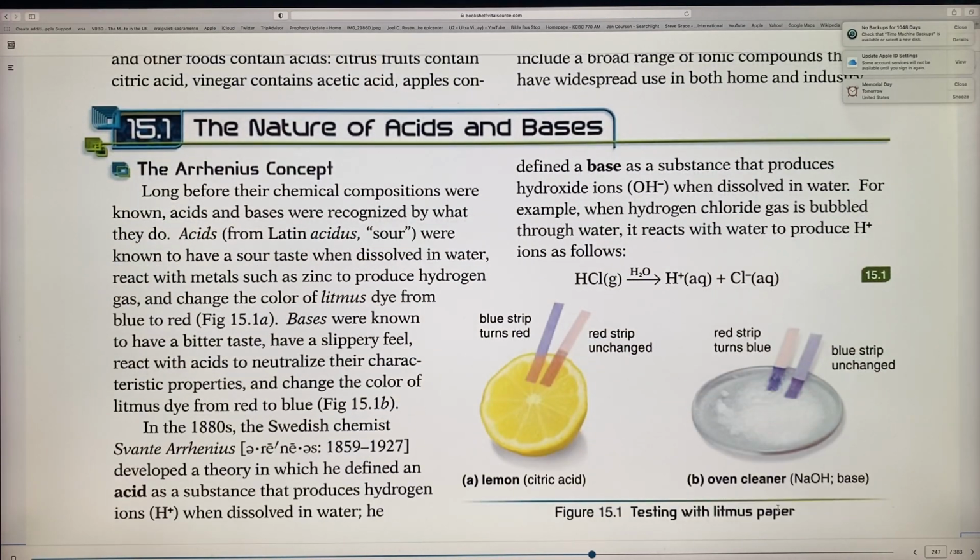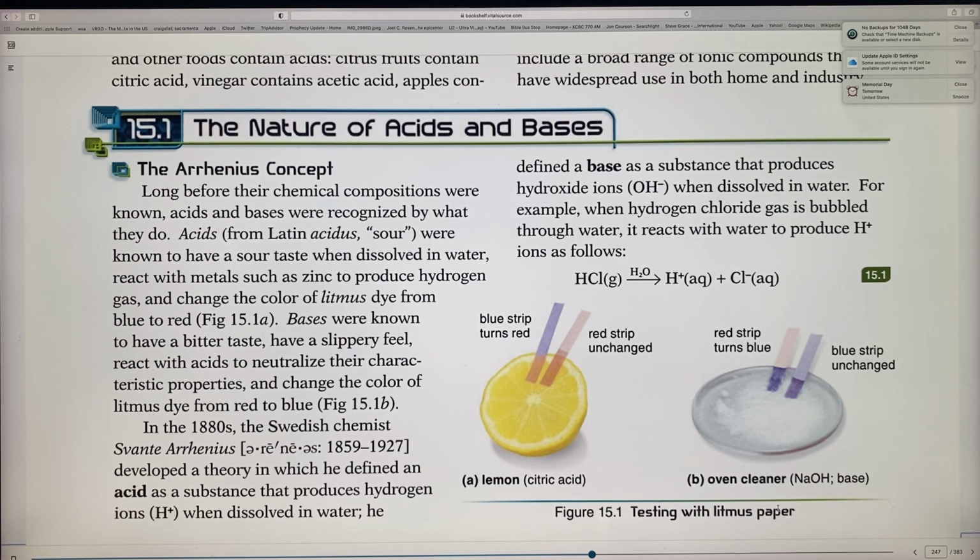So the nature of acids and bases. We're going to be talking about this Arrhenius concept. So Arrhenius, you might wonder, where did you get that name? Well, Arrhenius came from a Swedish chemist, Svante Arrhenius, who lived clear back between 1859 and 1927. And he developed a theory in which he defined an acid as a substance that produces hydrogen ions when you dissolve it in water.